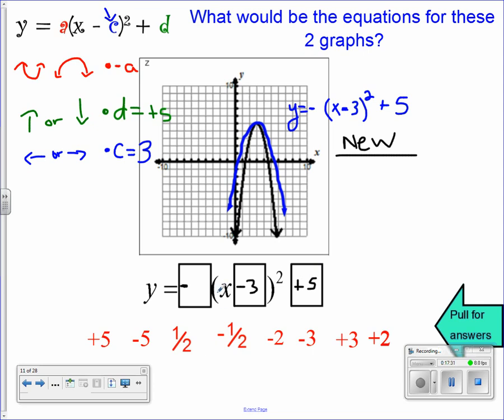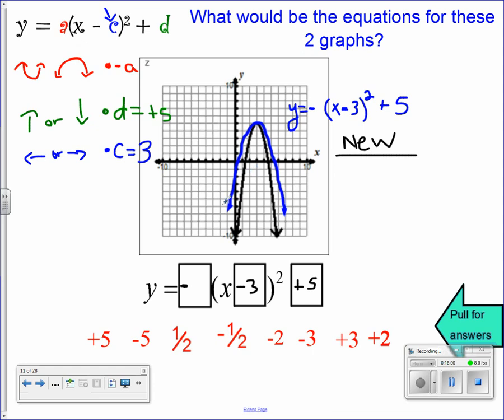Okay, so let's go ahead and look at what this number in front might be. Well, first of all, let me again, like we always do, compare the parent function in blue to my new parabola in black. So think to yourself, from the blue to the black, did it get wider or fatter, or did it get skinnier, taller, and thinner?